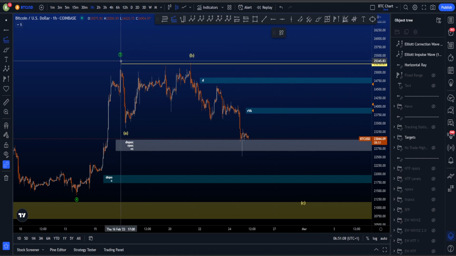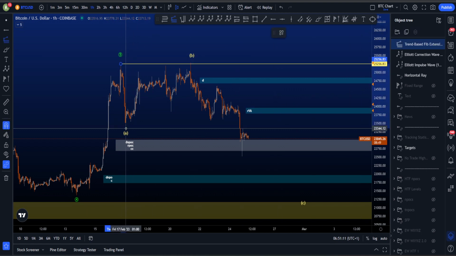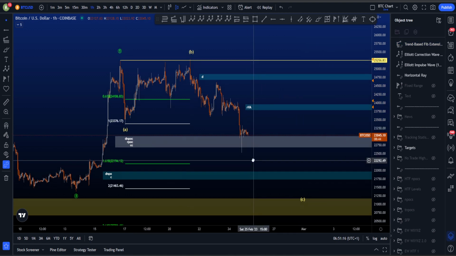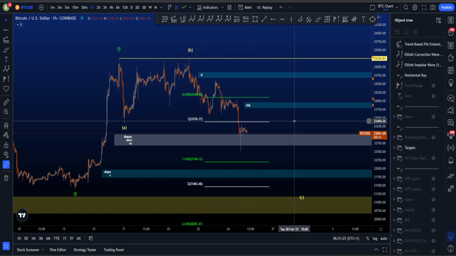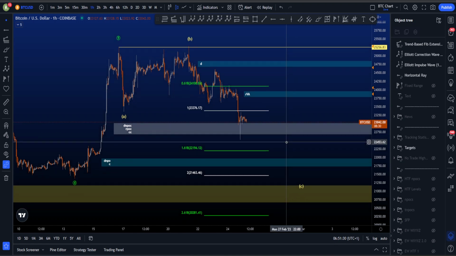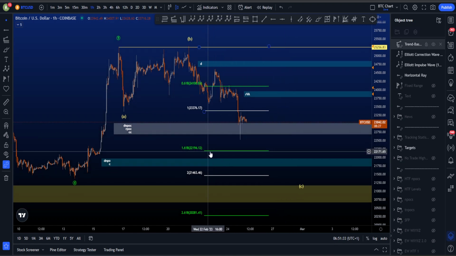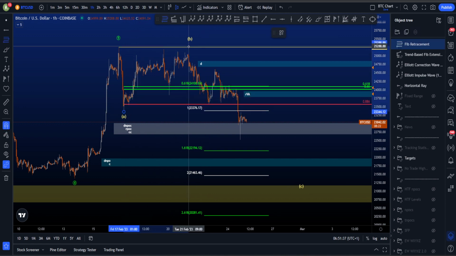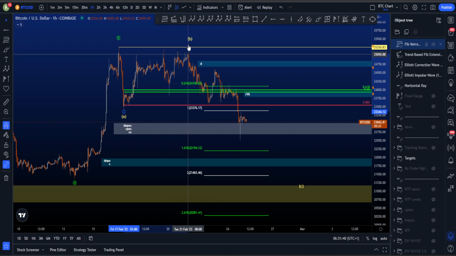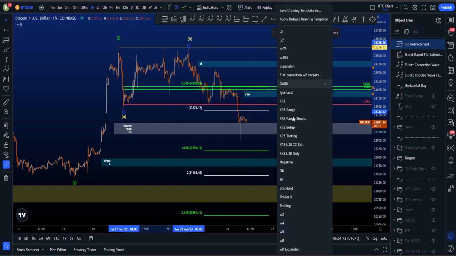Then the target for this wave C is going to be, well, let's put the extension on. An ABC usually ends at the 1-to-1, but as you can see, we already passed the 1-to-1. The next potential target for a wave C in this case is the most common area, which is between the 1.618 Fibonacci and the 1.618 trend-based Fib extension.